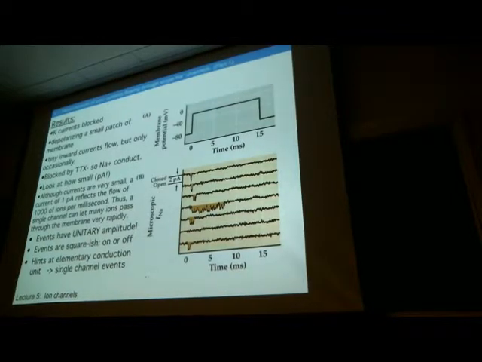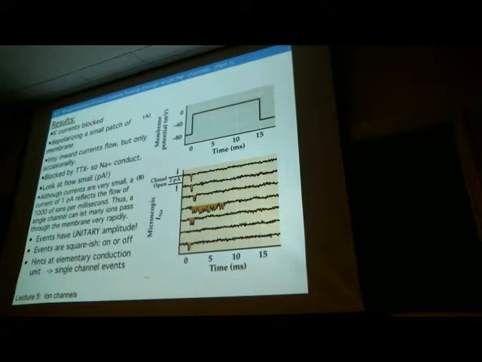So what does that remind you of with the sodium current? What did you know about the sodium current? It happens early on. There's a fast onset, and it turns off. So that seems consistent.